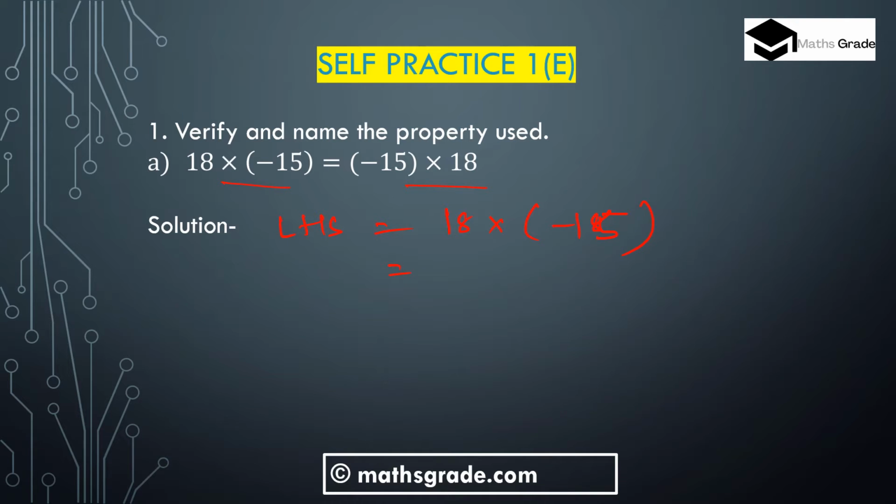Multiplying 18 with 15 we get, if we apply the Vedic math sutra, that is vertically and crosswise, that is 1 multiplied with 1 is 1 and 1 multiplied with 5 is 5, 5 plus 8 is 13 and 8 5 is 40, that is 1 plus 1 is 2, 7, 0, 270.